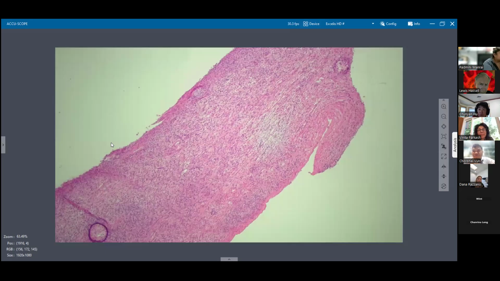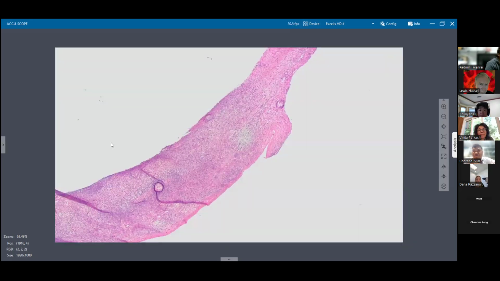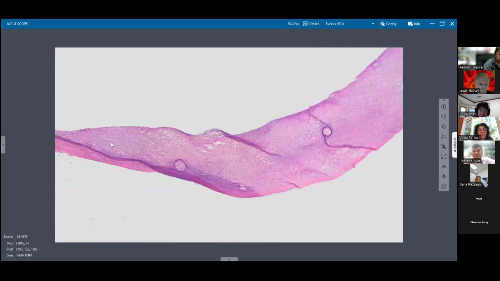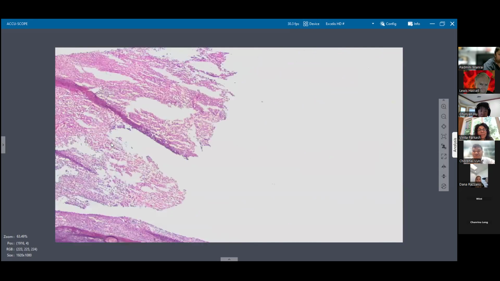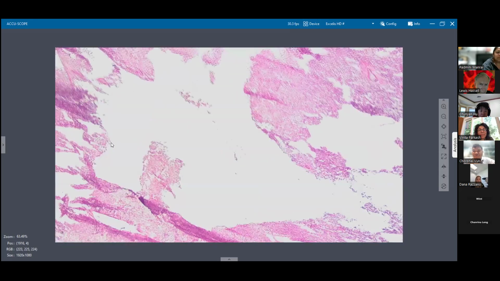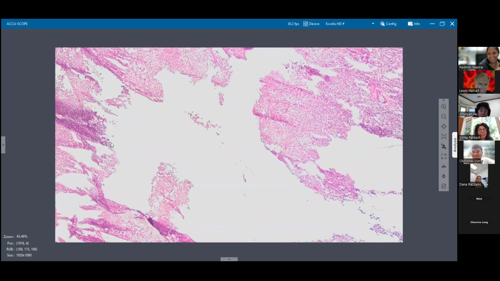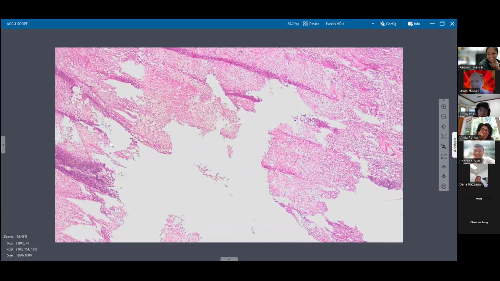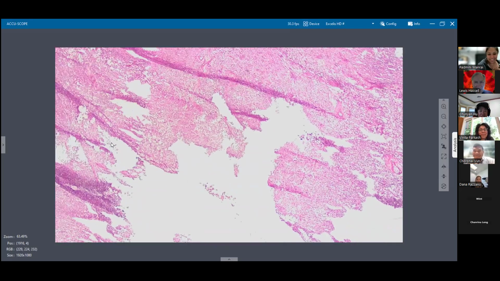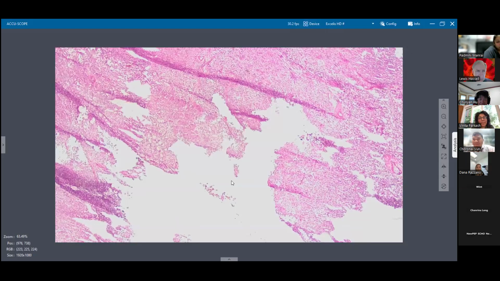So I can't show it as a whole slide, but I'm going to go around the entire tissue just so you can see what we're looking at. And this is much more realistic for the frozens that I'm doing. All of this tearing and shattering of the tissue, which I'll get into explaining why it happened.